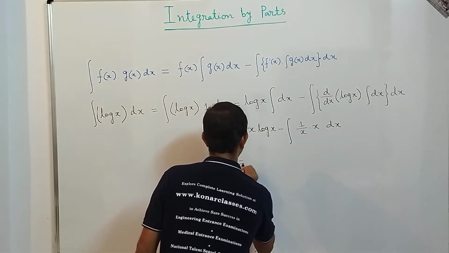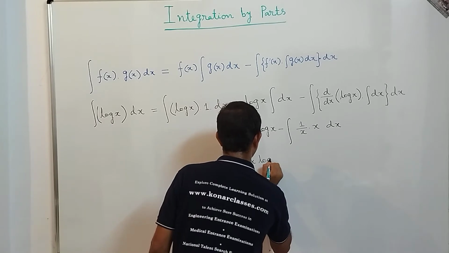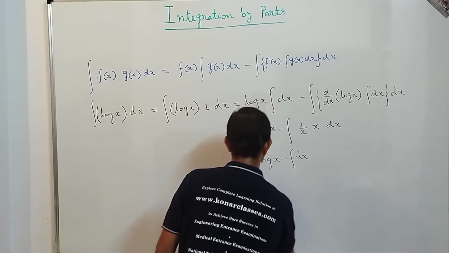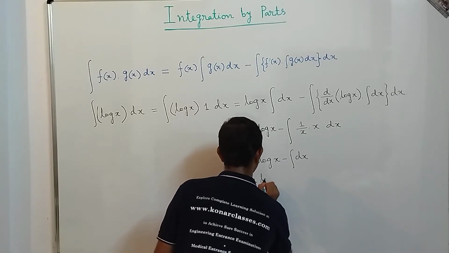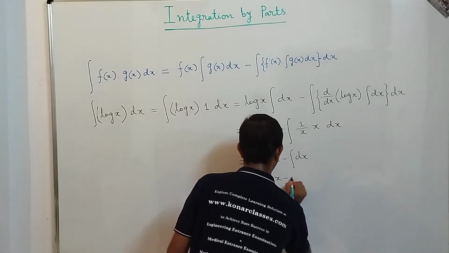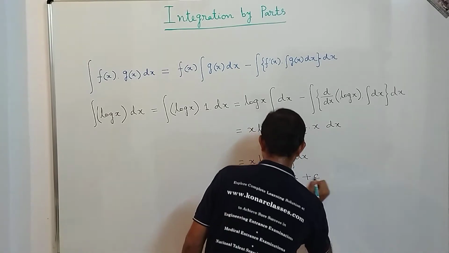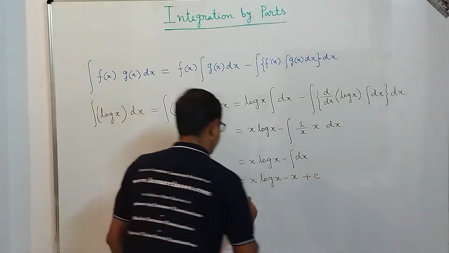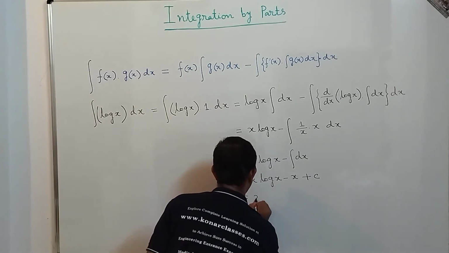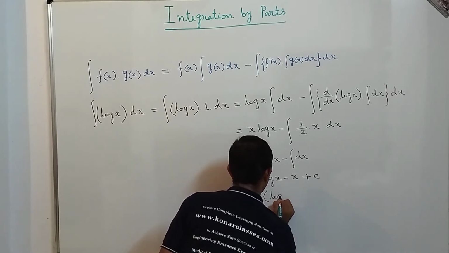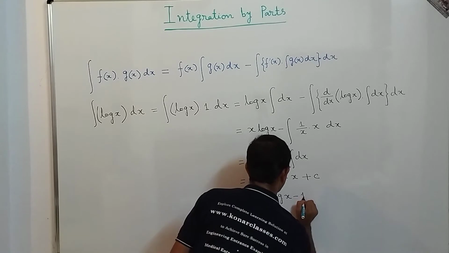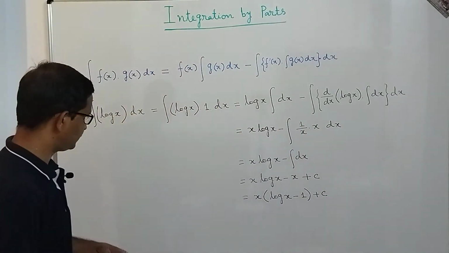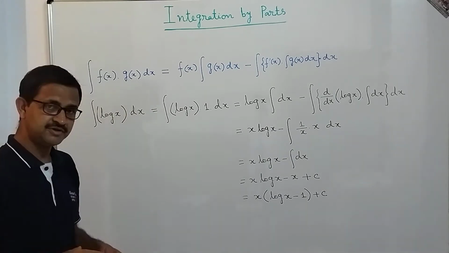So that is equal to x log x minus integration dx, which is x log x minus x plus c, the integrating constant. So this is the solution. You can also write in simplified format, x into (log x minus 1) plus c.